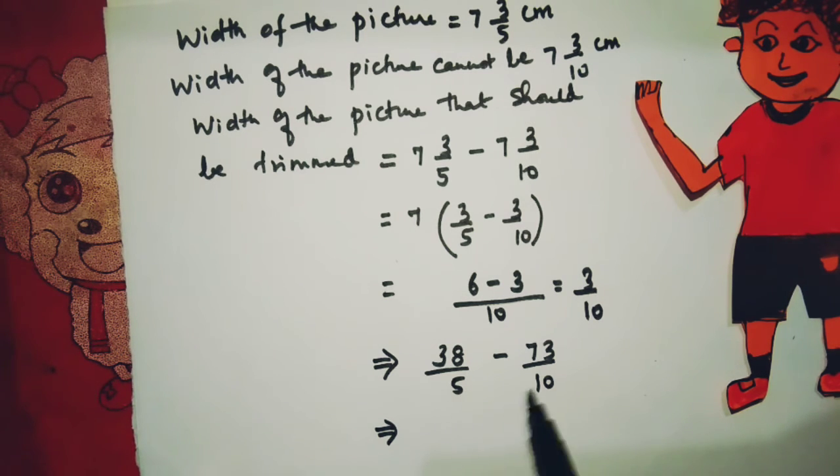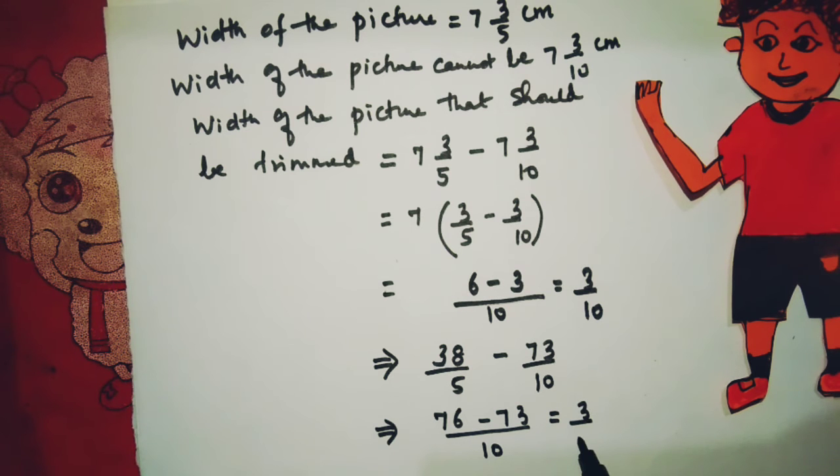So here 5 and 10, the LCM is 10, so it will be 38 into 2, that will be equal to 76 minus 73 by 10. So that is equal to 3/10.